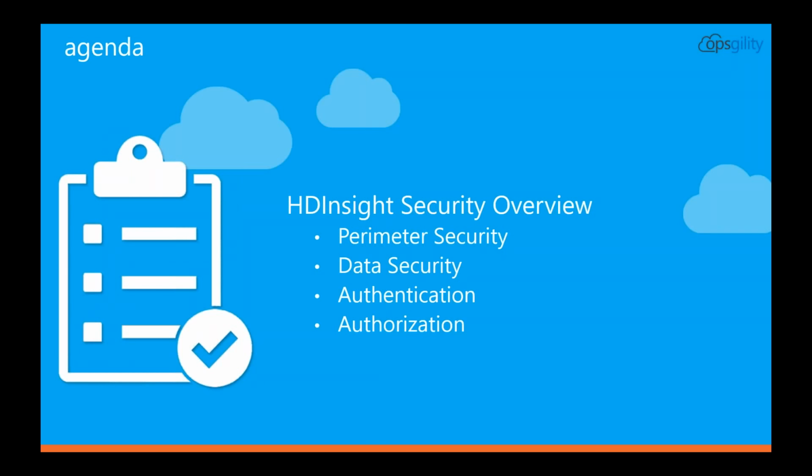So what we're going to cover in this security overview, I know the tag is domain join HDInsight. We will talk about domain join HDInsight because it's one of the critical features of HDInsight Security, but we're going to go ahead and cover all the other security features that are part of HDInsight as well, so that when you are building out HDInsight for your production environments, you know where to focus and what kind of things to look out for.